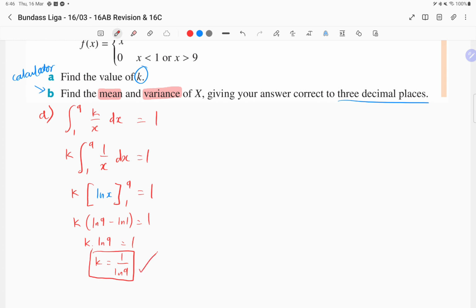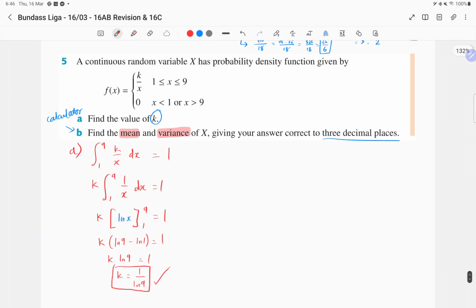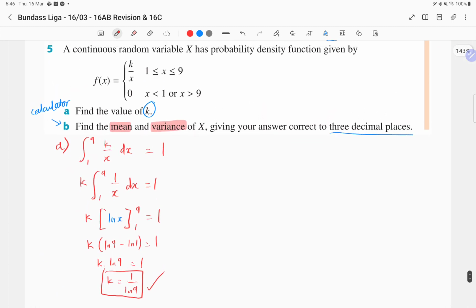Can you use calculator to go further? No. Yes, you can, but if you get 1 over ln9, it should be okay. Because you need the value of k to do the next part, right? So that's why normally you want to get an exact value of k if you can. And now then you can use your calculator for question B.